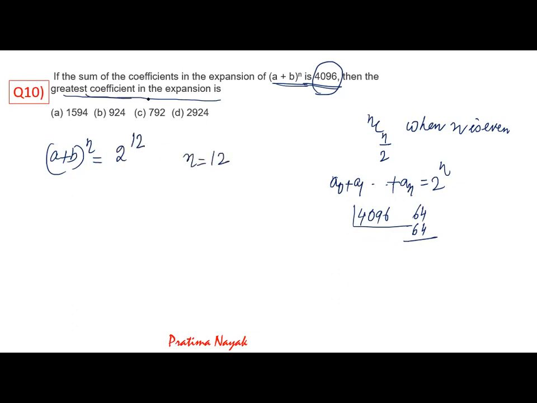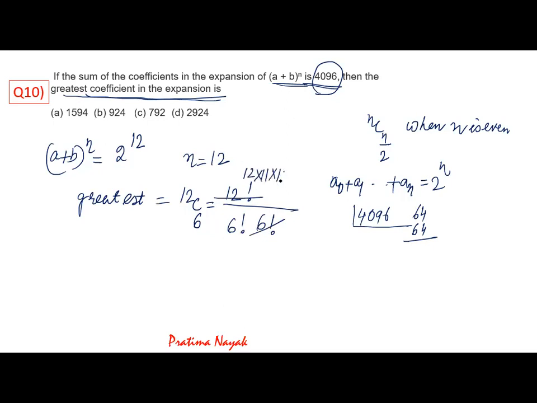Then what will be the greatest coefficient in the expansion? Greatest will be 12 combination 6, 12 factorial by 6 factorial into 6 factorial. Cancel 12, then here 11, 10, 9, 8, 7. 6 factorial will be 6, 5, 4, 3, 2.